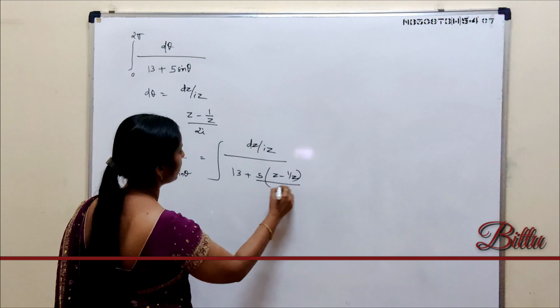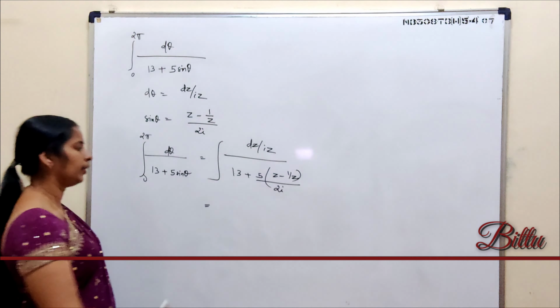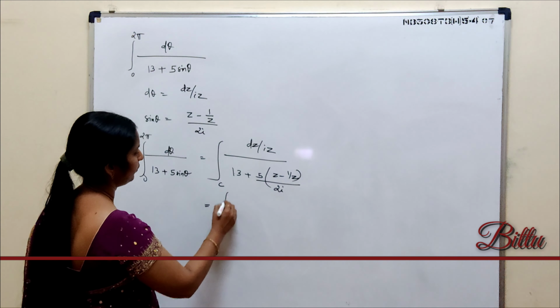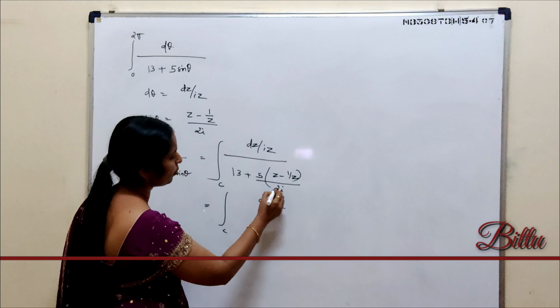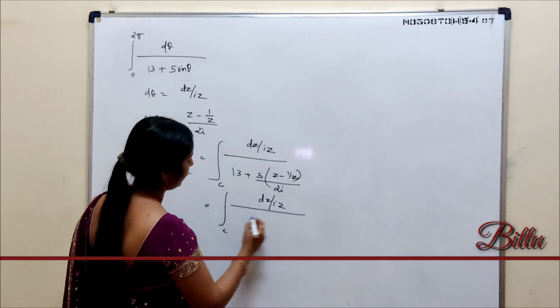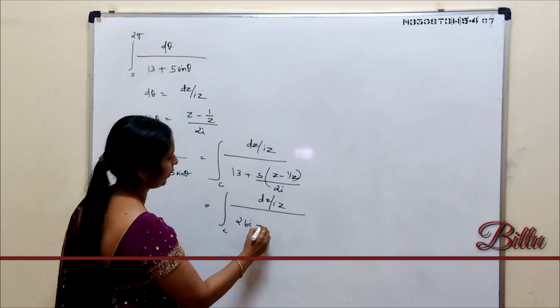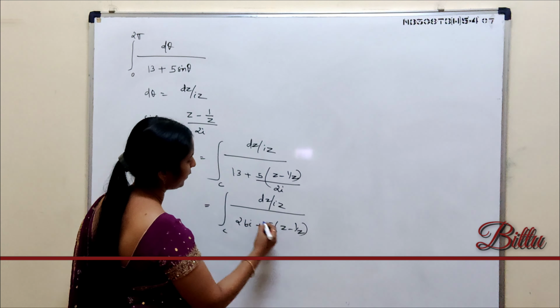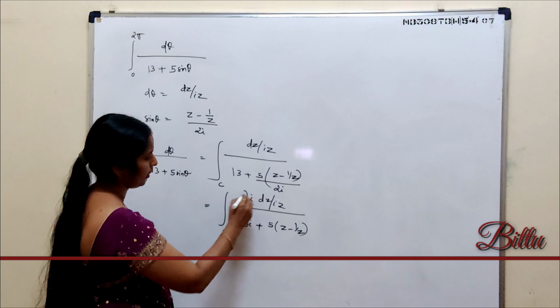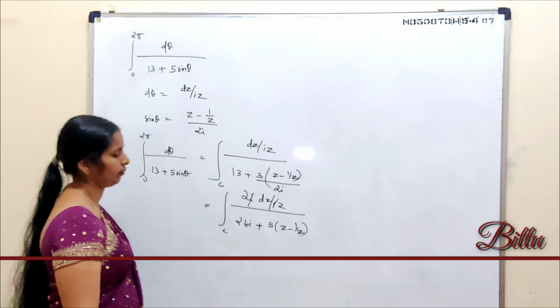Next you make the simplification in the integrand in your own way. I am taking this 2i LCM first. That is 26i plus 5 into z minus 1 by z. The 2i goes to the numerator. I cancel with this i.